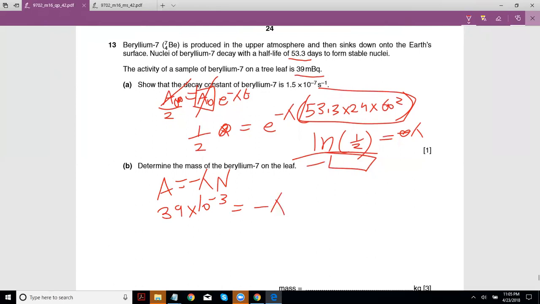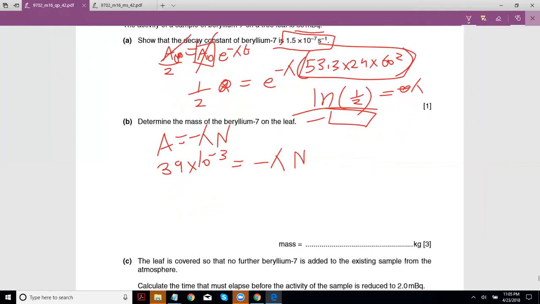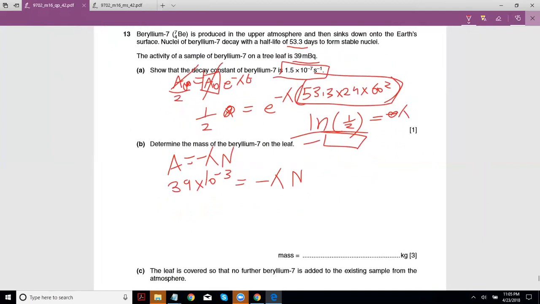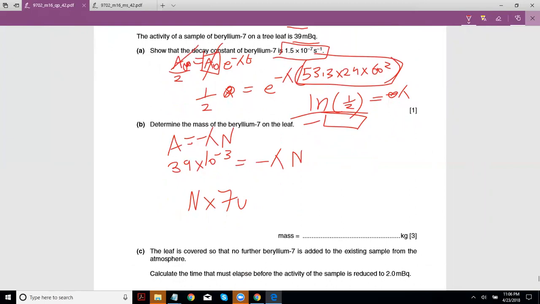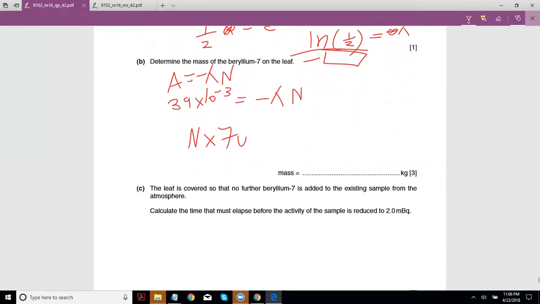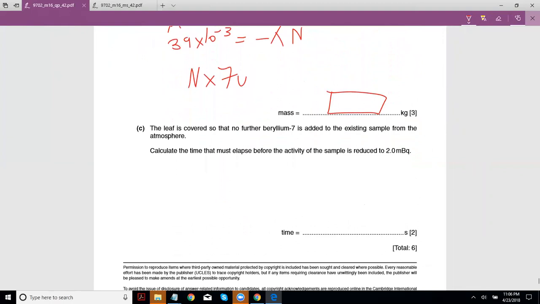Lambda we know from above, and N is the number of nuclei. Once you have N, one nucleus has mass 7u, so N into 7u, and you need the value of u from the first 2 pages of constants. You get the mass in kg.